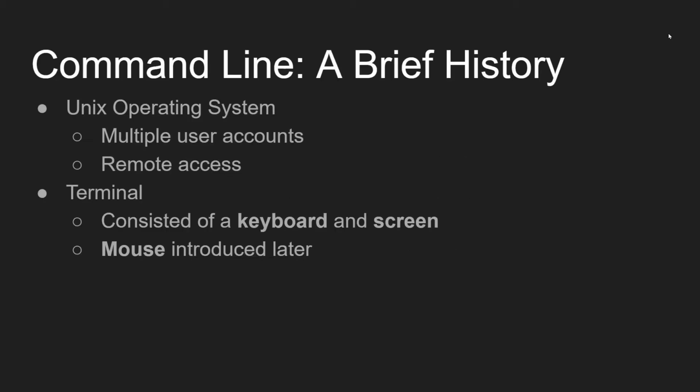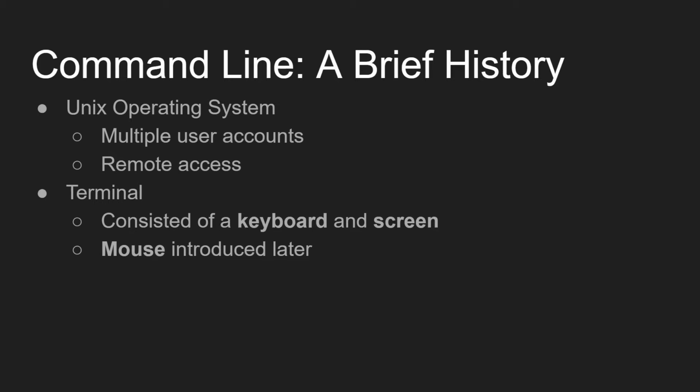Let's get to it. So what is the command line and why is it useful? In the early days of computers, one of the earliest operating systems was called Unix. Unix allowed multiple users to connect to very large and expensive mainframe computers remotely to share its computing power and resources. Users would log into the mainframe remotely using a terminal that mostly consisted of just a keyboard and a screen.